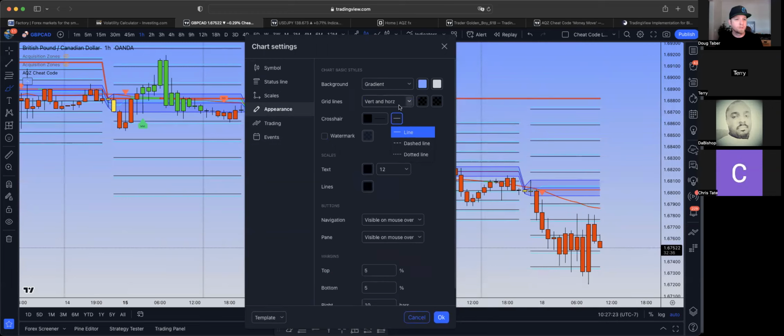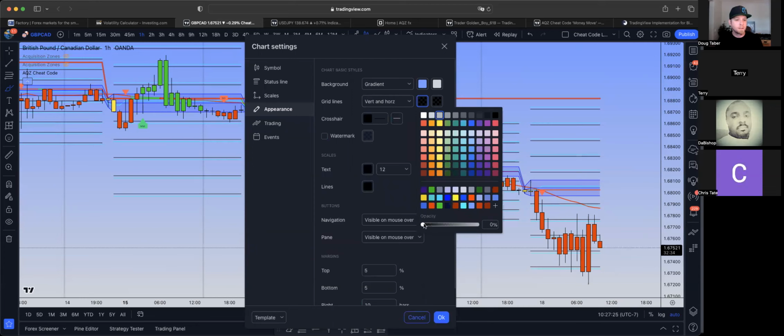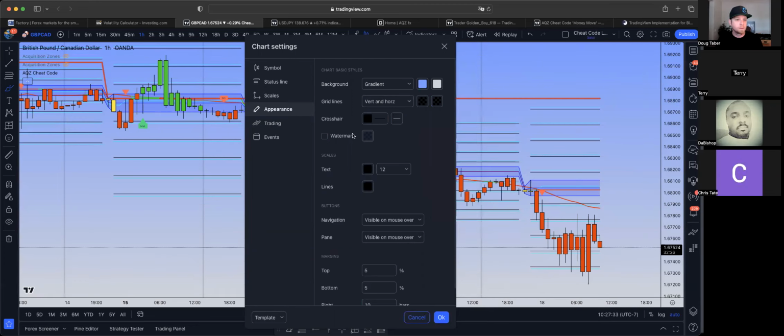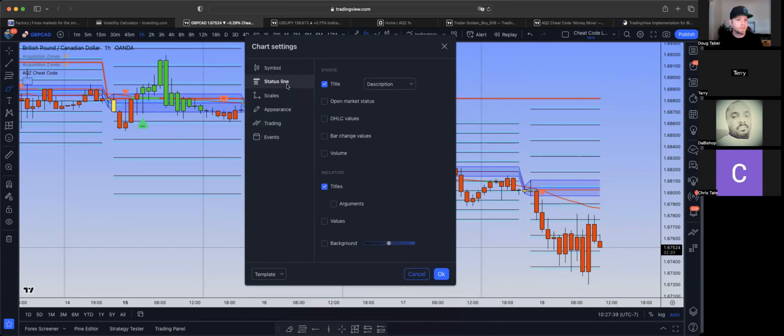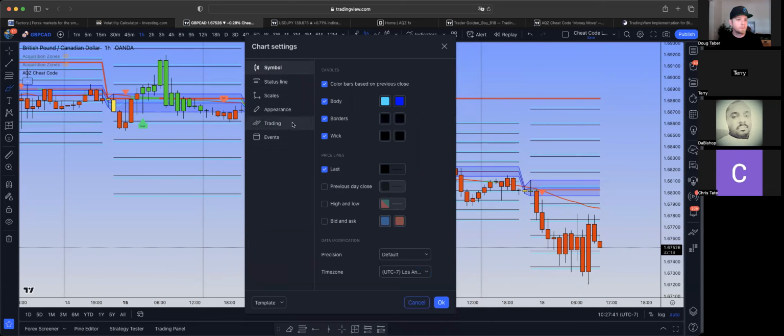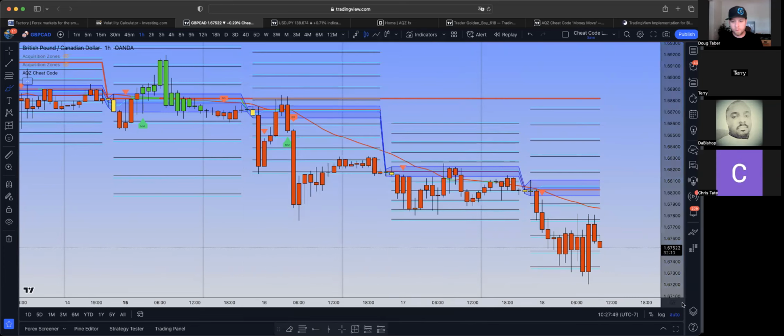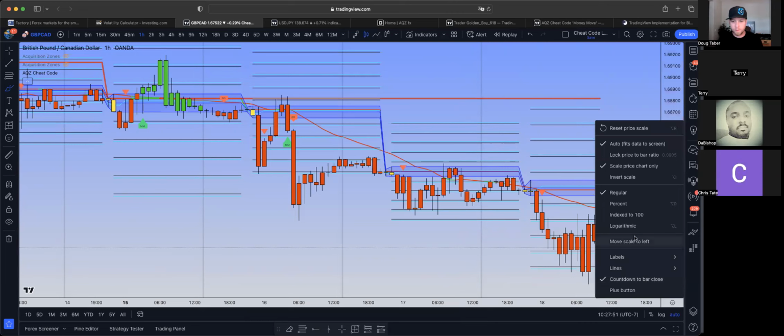My vertical and horizontal lines, I like to just fade out. I don't like those lines on my chart. I do, however, see appearance. I don't see it there anymore. Down here.